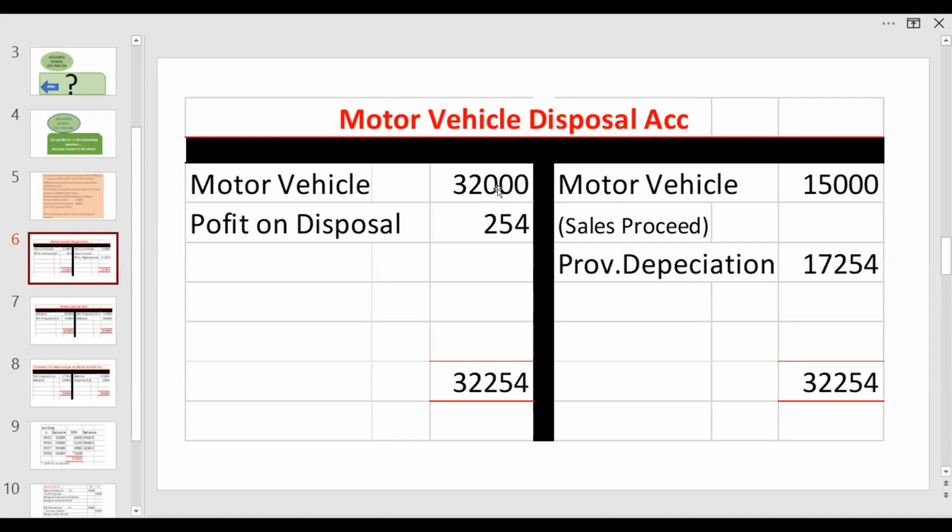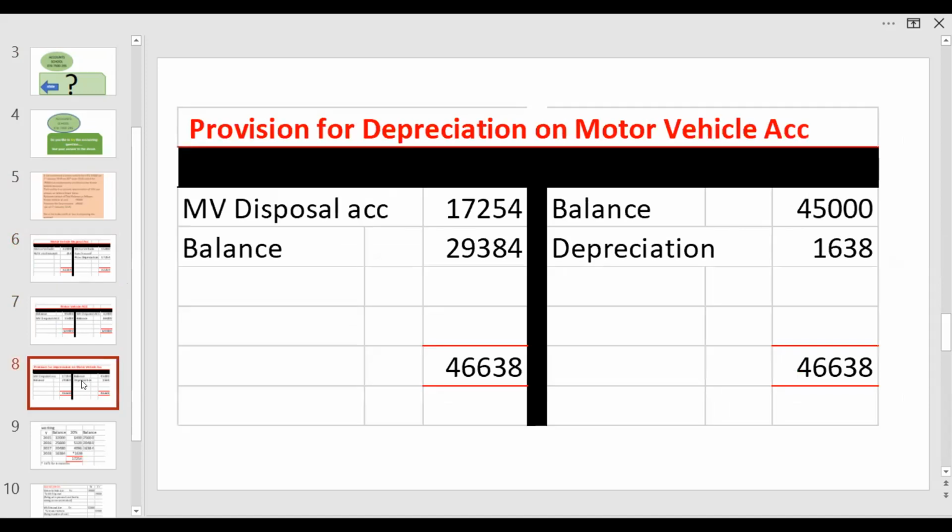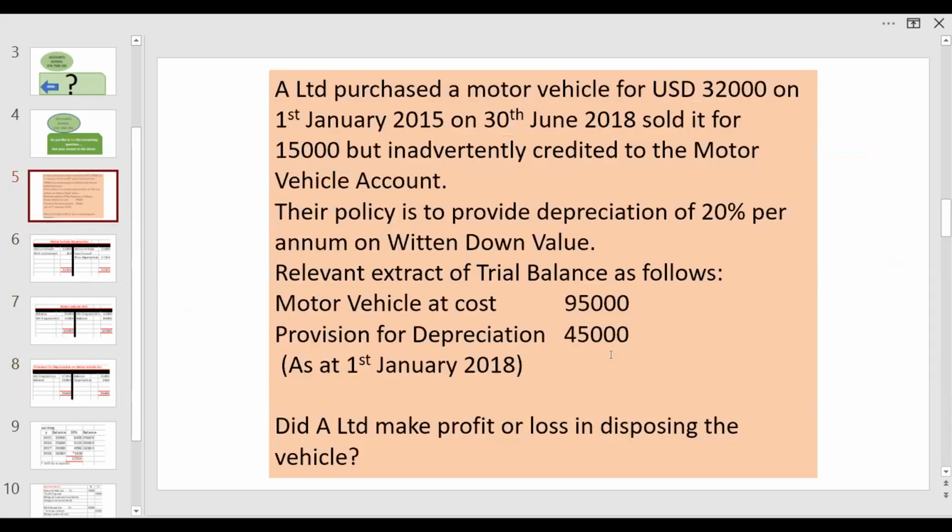Here, the second entry is made. Now we'll have to go back. There is accumulated provision of depreciation over a period of time lying in the provision for depreciation on motor vehicle account, which is given in the sum as 45,000.